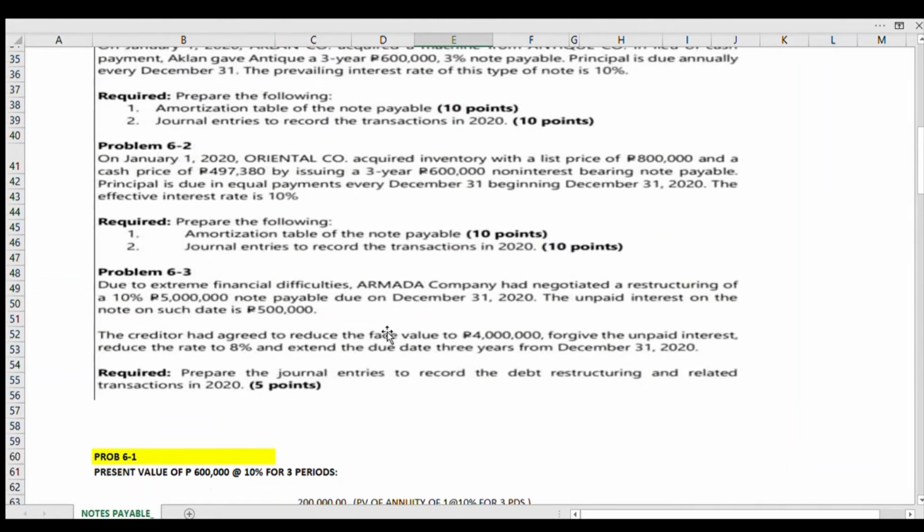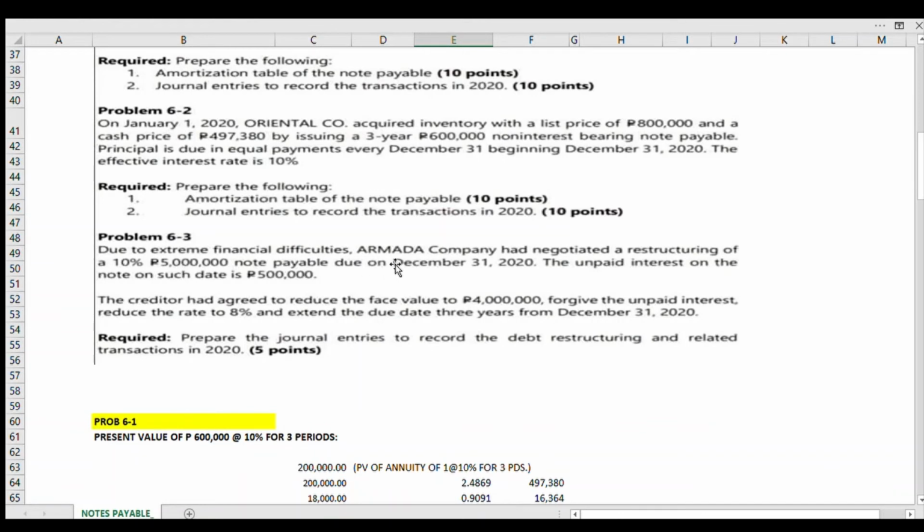So, to explain this problem, this is a restructuring wherein the debtor is given a sort of a favorable scheme, so that he can be able to pay the remaining balance of the payable.